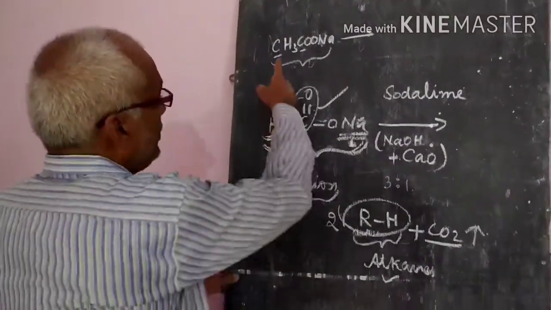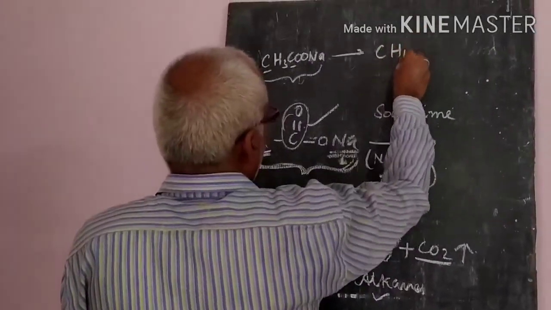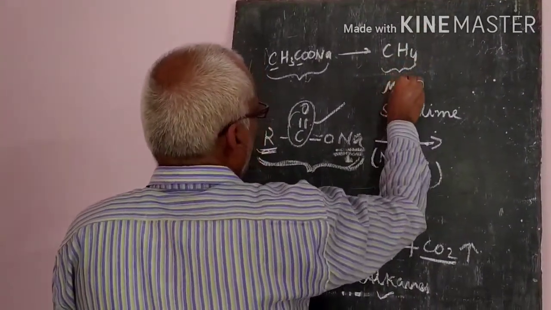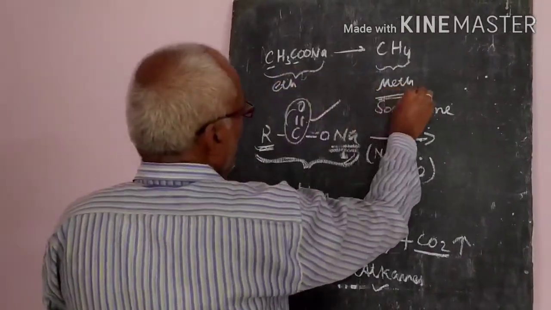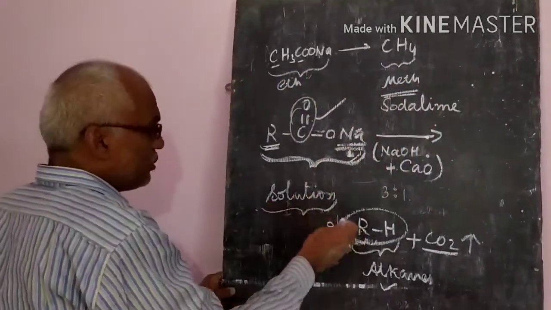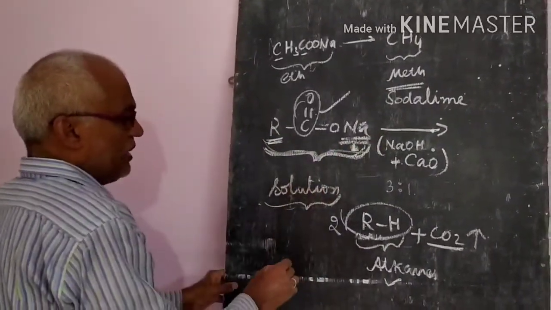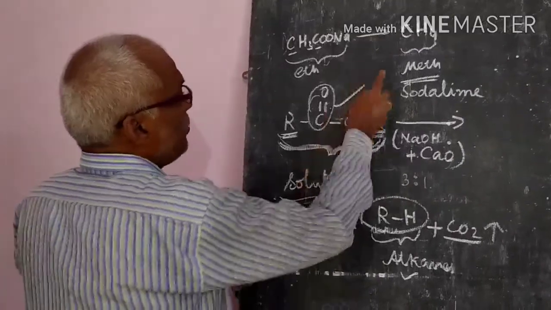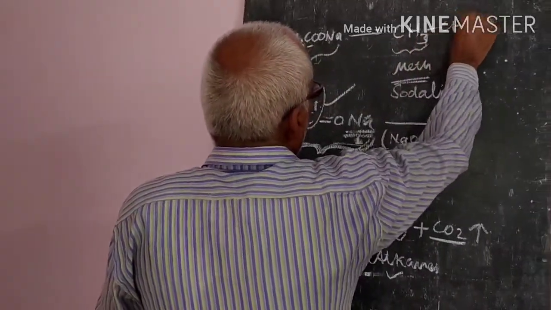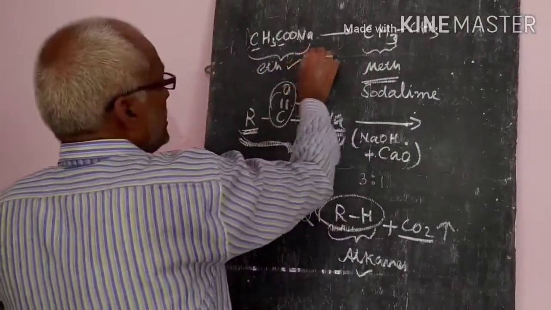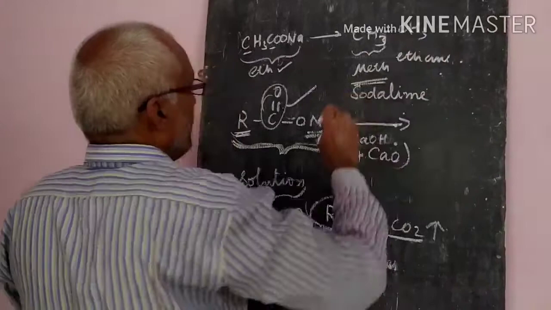But if you take it directly through decarboxylation, you will get CH4, that is the alkane methane. Ethanoic acid gives methane. But in electrolysis, since we are treating the solution, you get twice the molecules, that means CH3 molecules combine. If you take ethanoic acid, you will get ethane. So this is the important product.